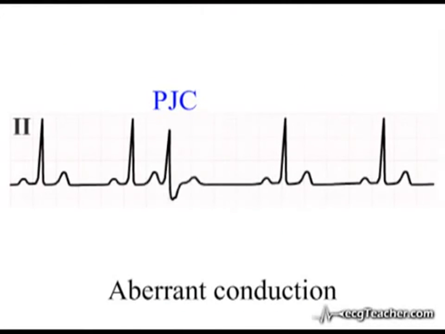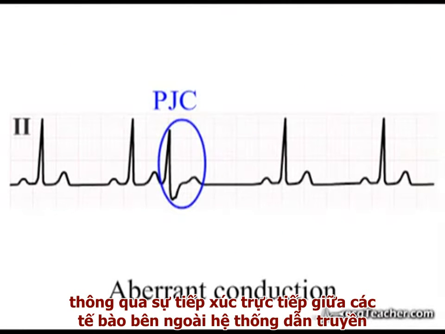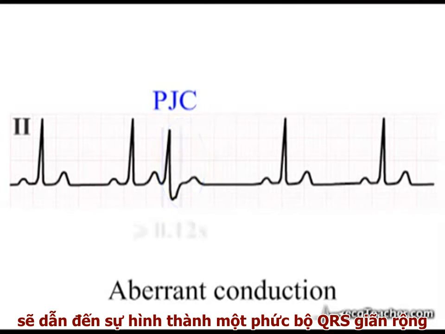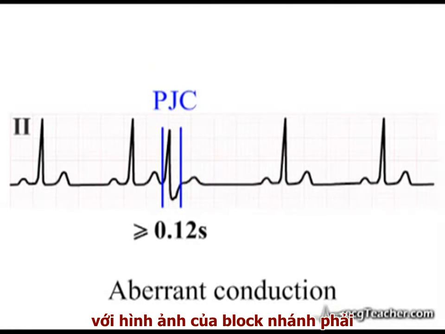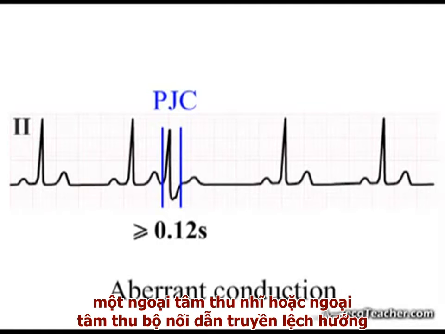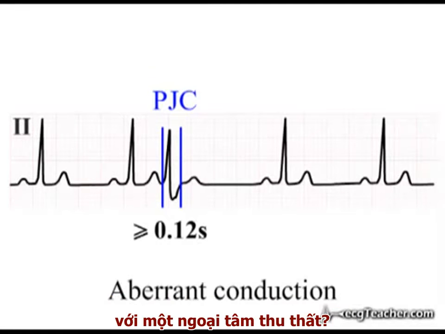Aberrant conduction by direct cell-to-cell contact outside the conducting system results in a broad QRS complex with right bundle branch block morphology. How can we tell such an aberrantly conducted premature junctional contraction from a premature ventricular contraction?